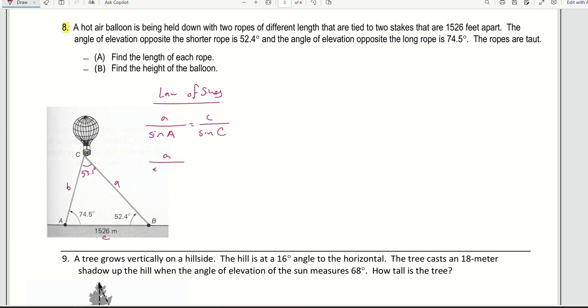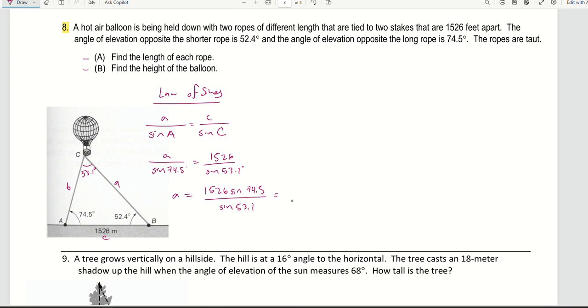Little a divided by sine of big A, 74.5, equals little c, we know, 1526, all over sine of big C, which we now know, 53.1 degrees. To solve for little a, we just multiply both sides by sine of 74.5: 1526 times sine of 74.5, all divided by sine of 53.1, and we get little a is 1838.84.